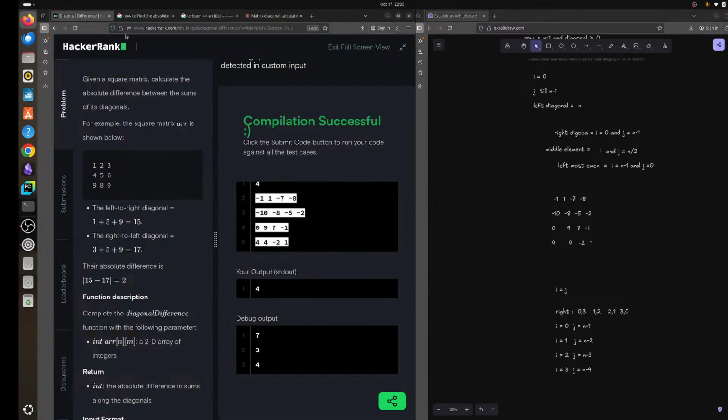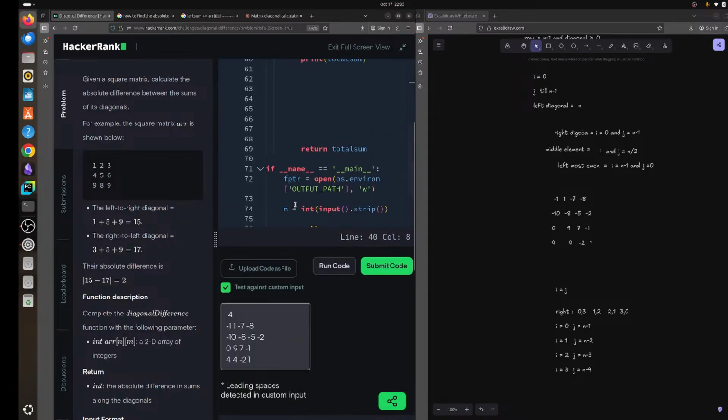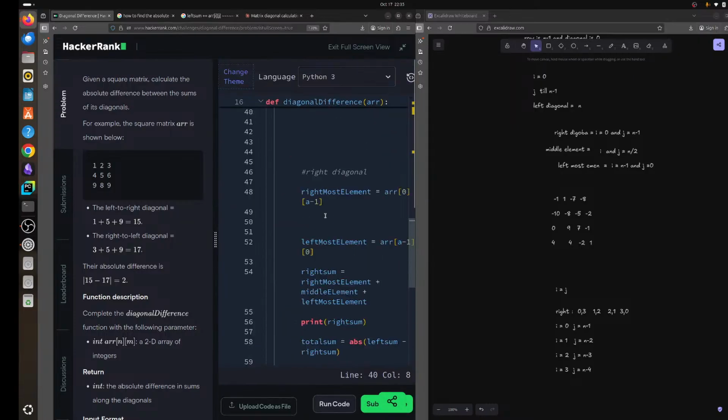So let's implement this solution in a different way. Think first.